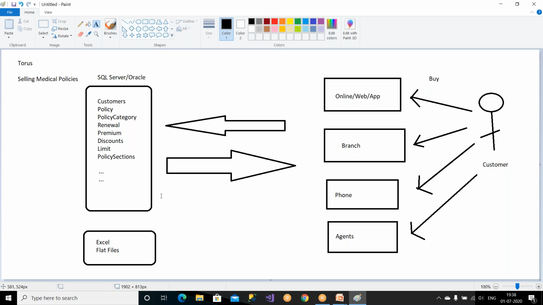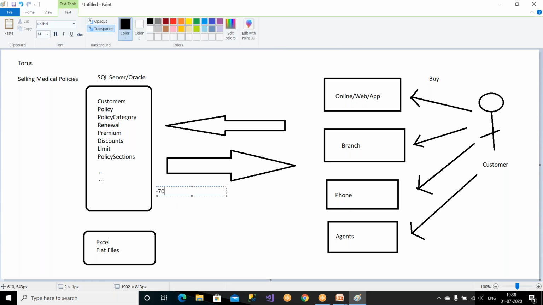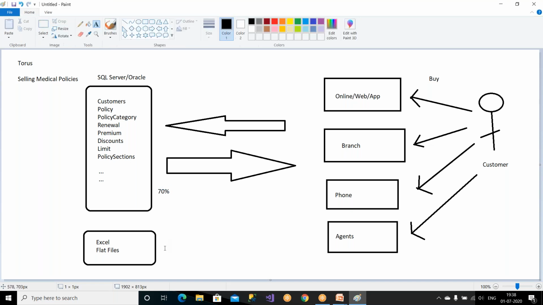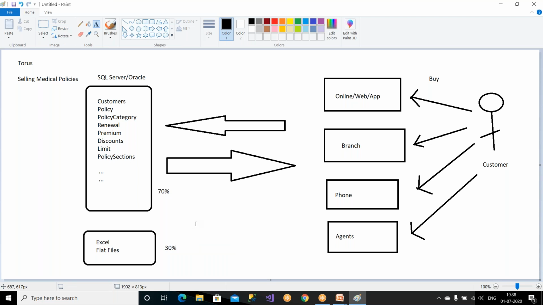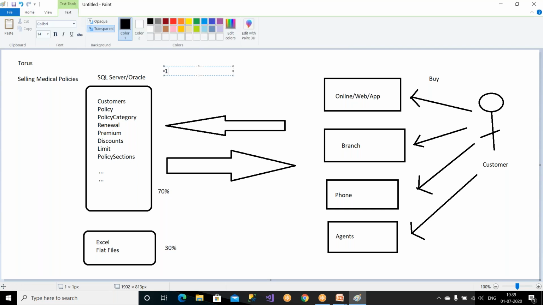You can tell them that at least 70% of the data we are getting from the database. The remaining 30% of the data we are getting from the Excel files and the flat files. Clear? So this is what you need to tell. Now they'll ask you, what is the size of the data that you're loading? You can tell them that every month I'm getting 100 GB of data per month. Clear?